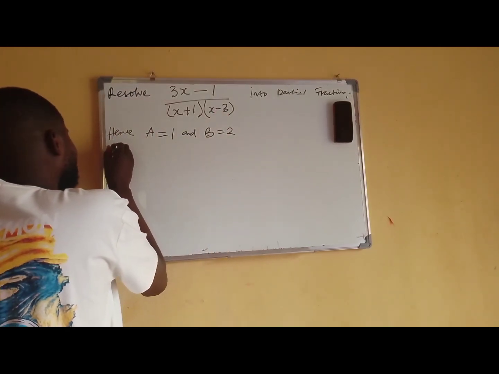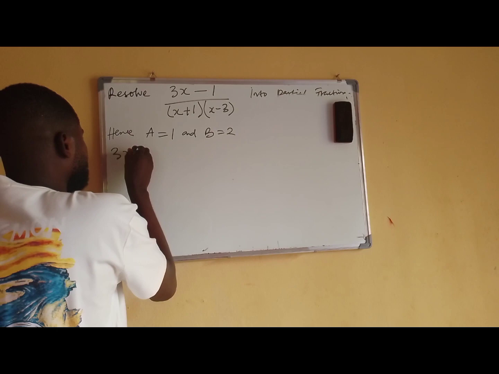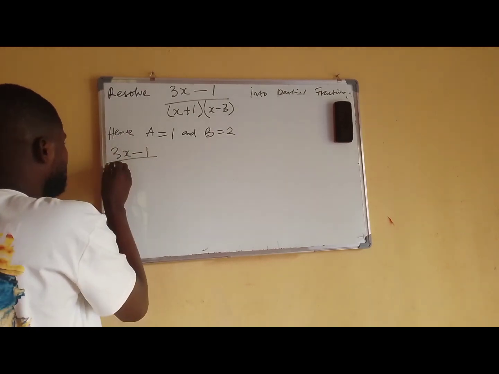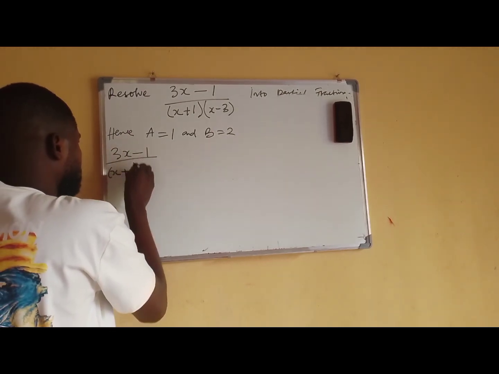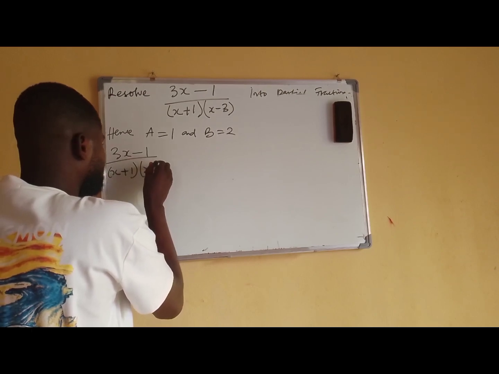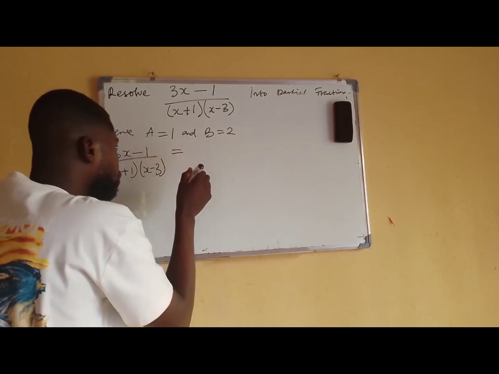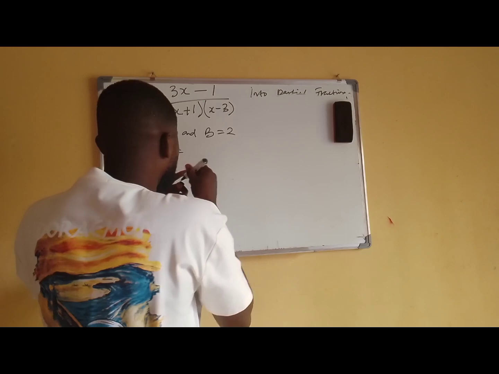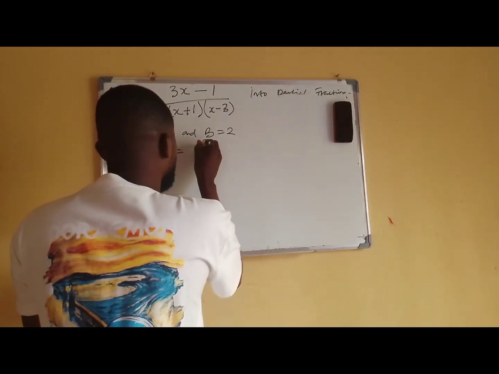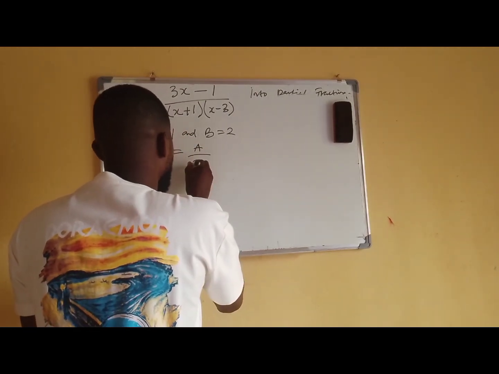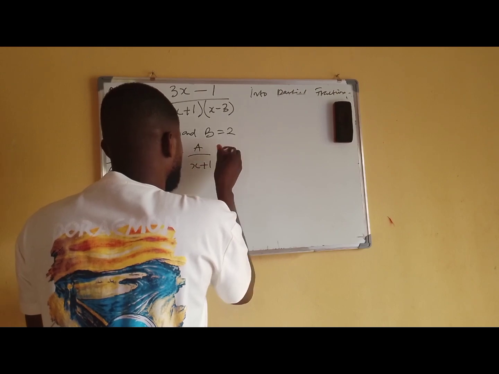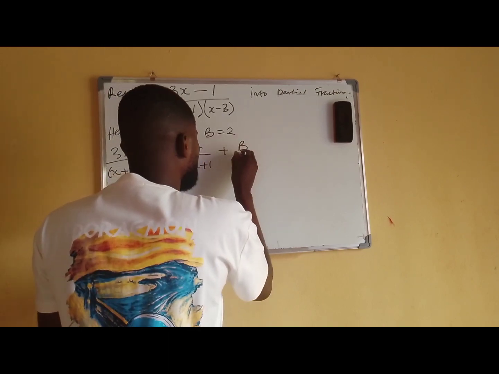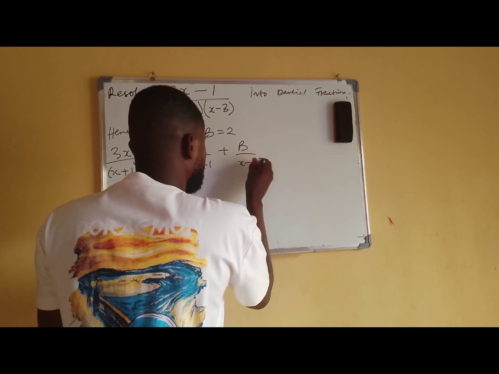Therefore, 3x minus 1 all over x plus 1, x minus 3 will be equal to, now, we record that this is equal to A over x plus 1 plus B all over x minus 3.